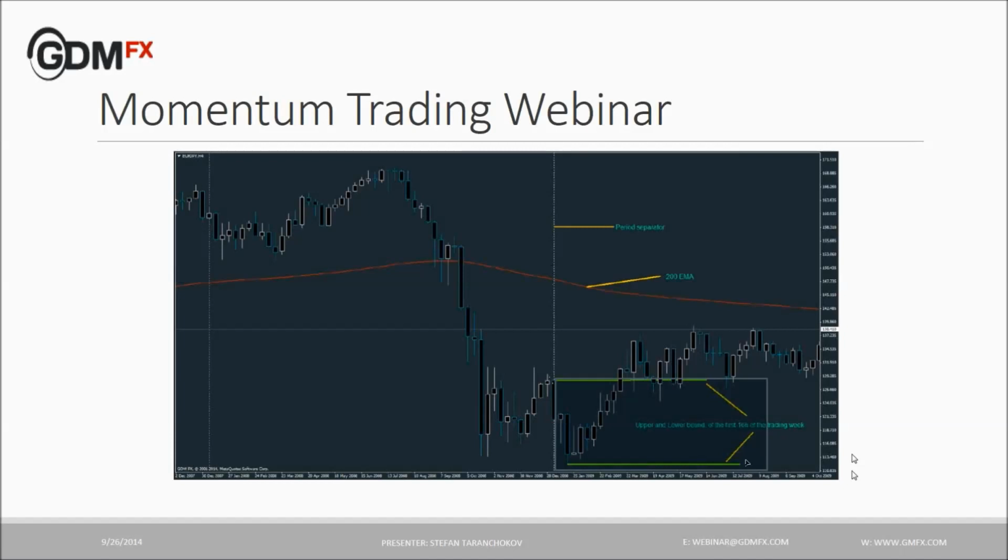Second very important rule is that the range of the first 16 hours, right here, should be at least 70 pips in size. The bigger the better, of course, but at least 70 pips in size. Otherwise, it might not be worth trading it.